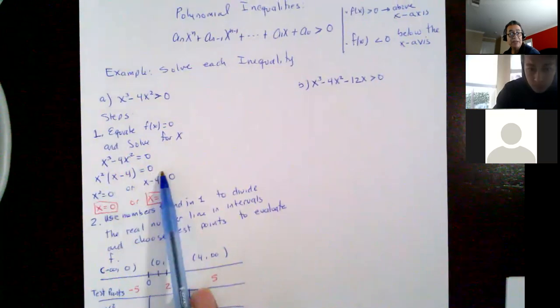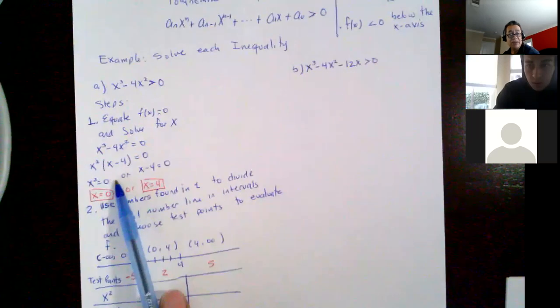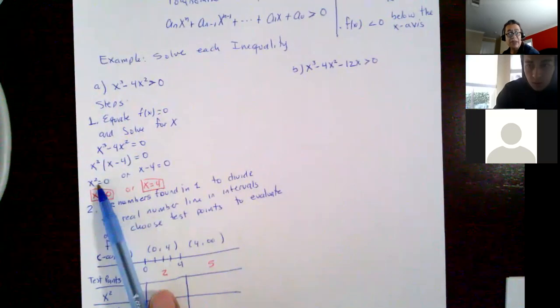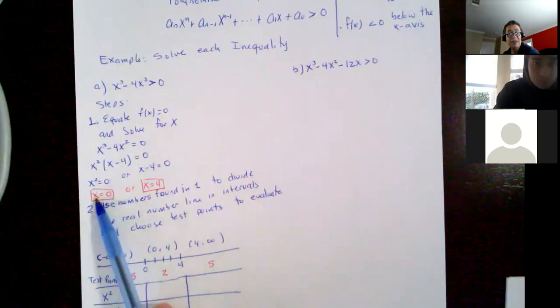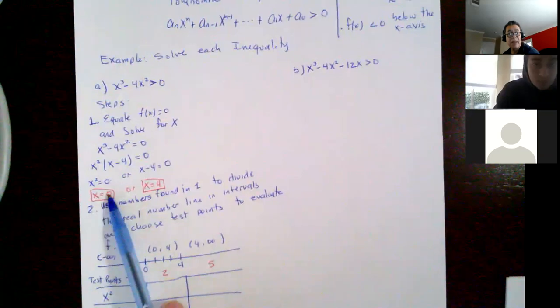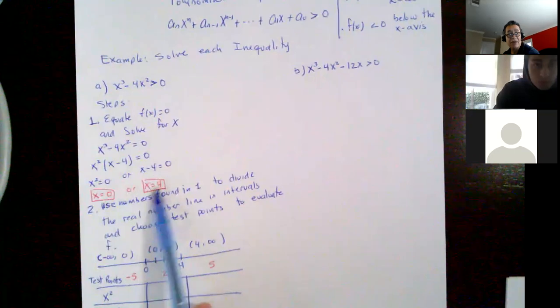From there we solve for x. Here x squared equals 0, which is a repeated zero, so x equals 0. And x minus 4 equals 0, so x equals 4.